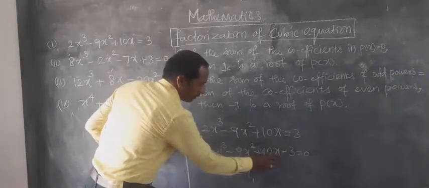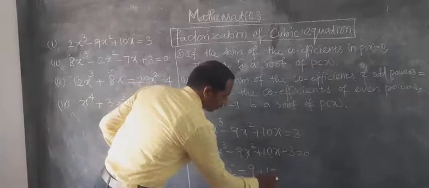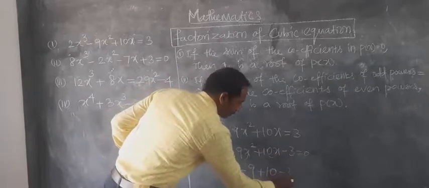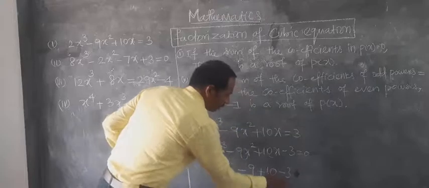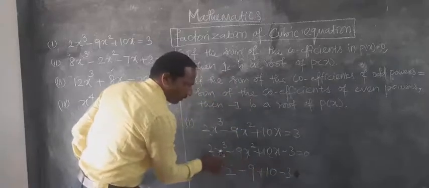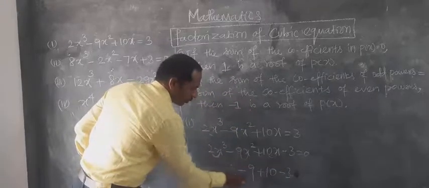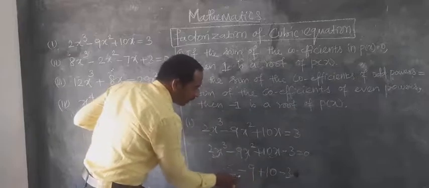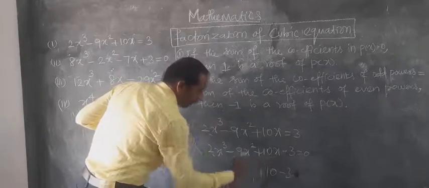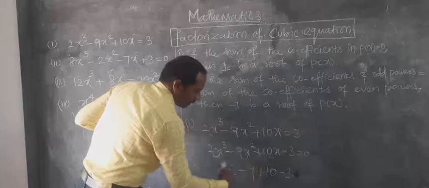The coefficient of x is plus 10. What is the constant? You have to write all the coefficients with their signs. Just check it: if you add, then subtract, what is the answer?